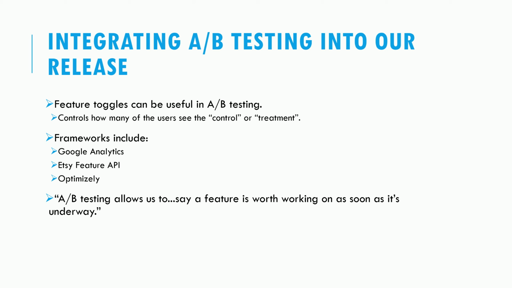And sometimes they want to make sure this feature is actually worth making, worth expanding on, worth polishing. However, if A/B testing proves that it doesn't make a difference, or it actually makes the whole experience worse for the user, they can quickly shut that down and then relocate the developers and the resources into working on things that would improve the experience.